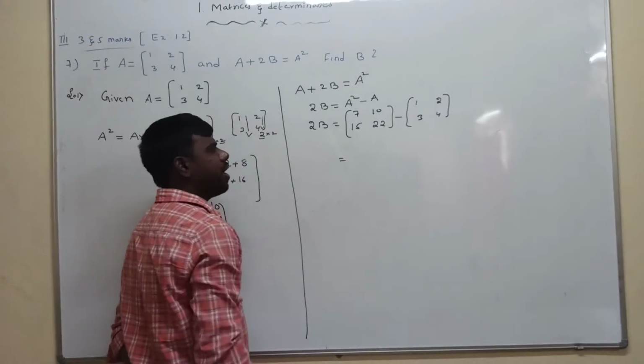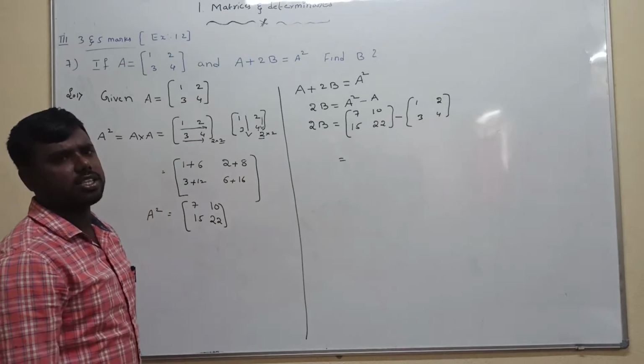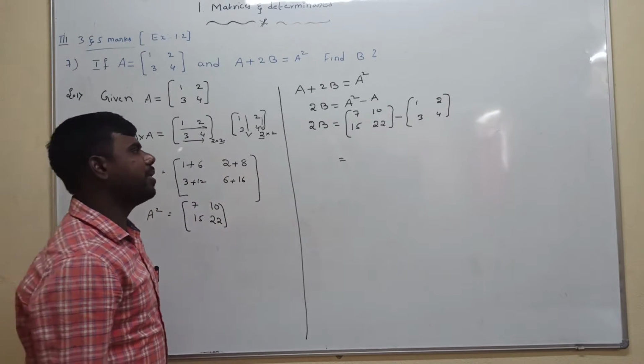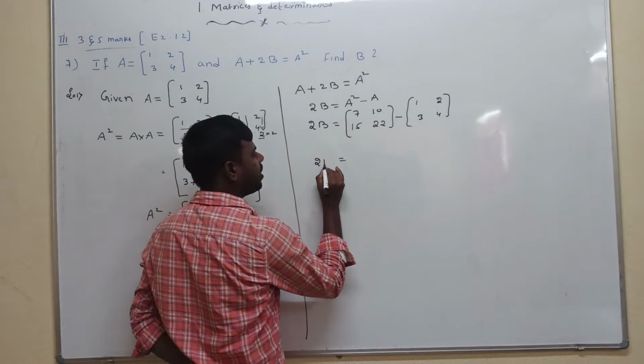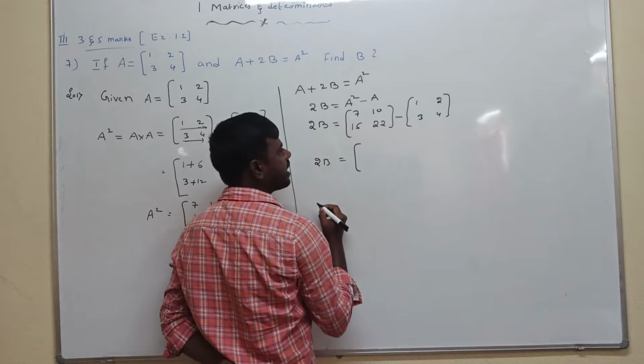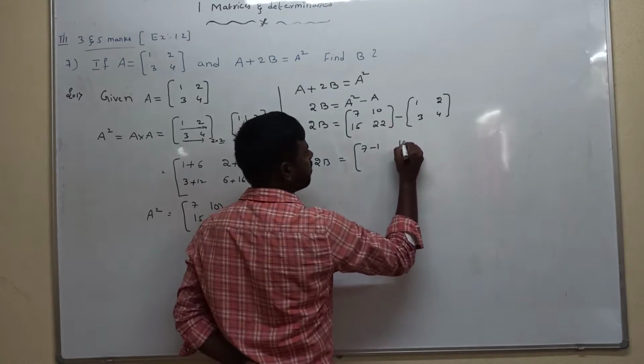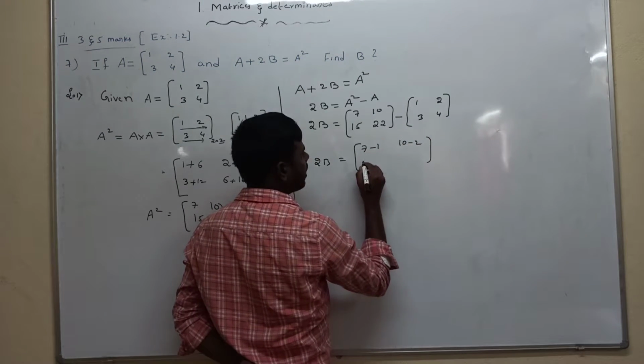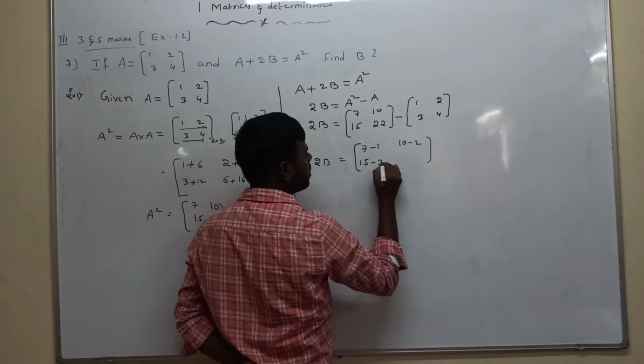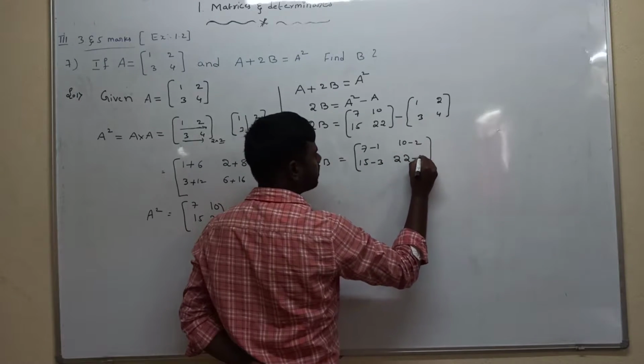Now, subtracting two matrices means subtracting the corresponding elements: first element minus first element, second element minus second element. 7 minus 1, 10 minus 2, then the second row first element minus first element, second row second element minus second element.